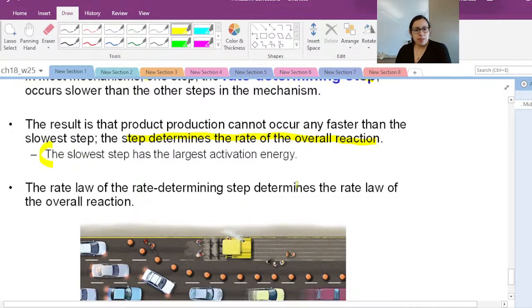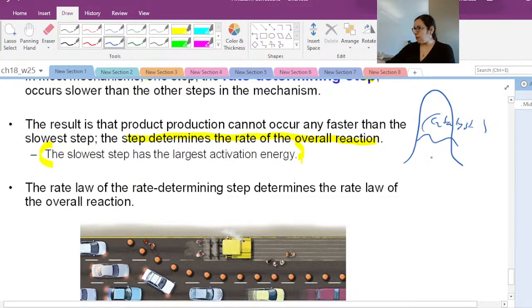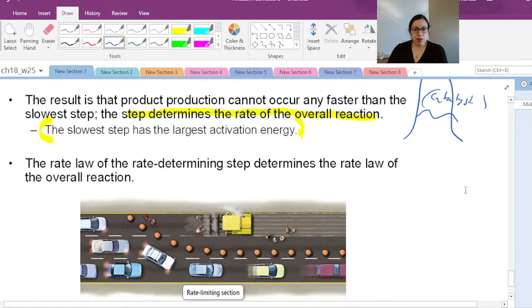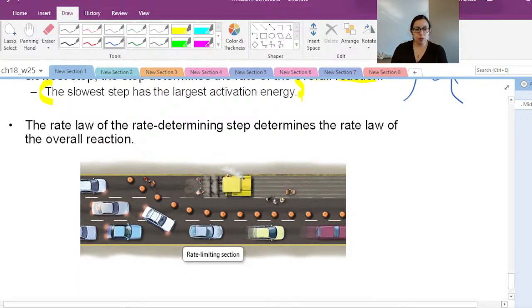And usually this is related to activation energy. So if it's a slow step, it has a large activation energy. There's where we could think about some sort of catalyst to lower it, but that's not what this is necessarily about. We're just saying, okay, we have a step, high activation energy, that's our limit there. And then we have our cute little visual, so obviously a little traffic jam.